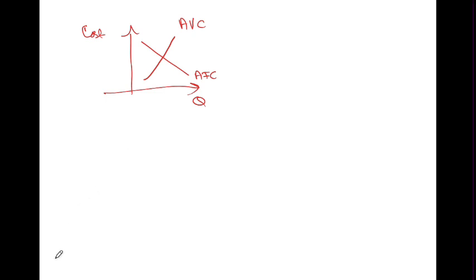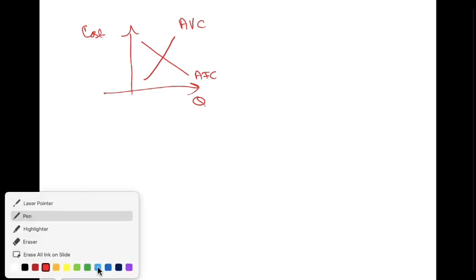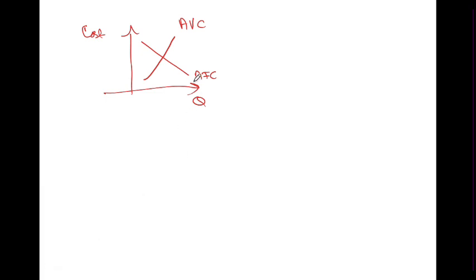So when you talk about costs, we noticed how the average fixed cost was going downwards, and we noticed that as quantities go up, average variable cost increases. We also noticed that the marginal cost exhibits an increasing sort of behavior.